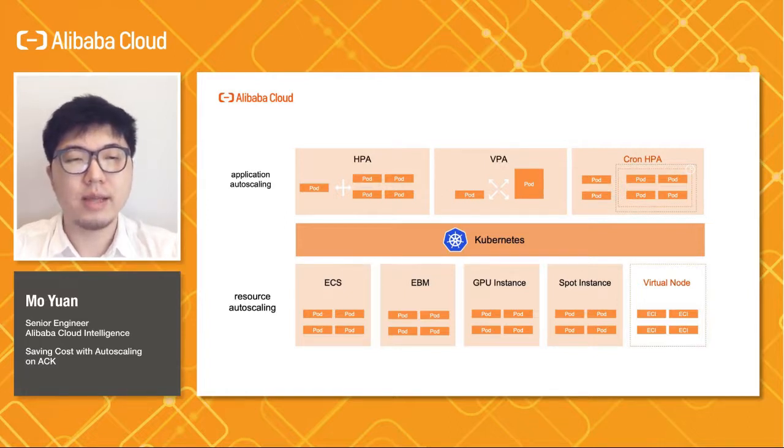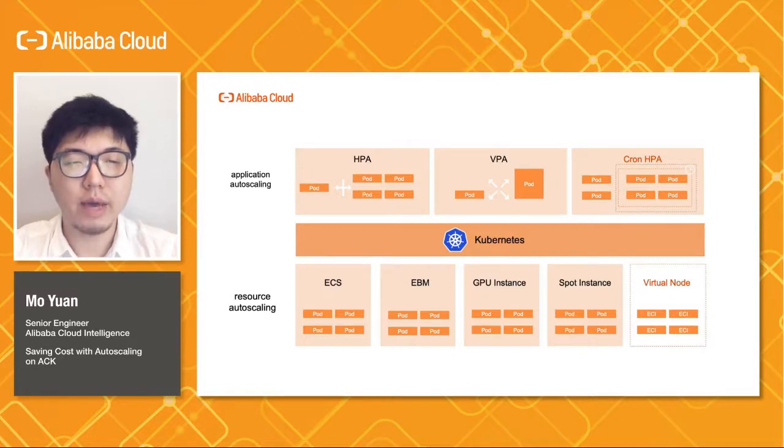Cron HPA is another pod outscaling method. You can outscale pods based on cron type rules. It's useful when you know the resource usage trend in advance. In resource outscaling, we can outscale planned VM instances, bare metal instances, GPU instances, and spot instances.